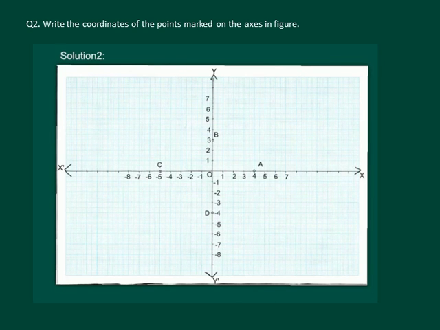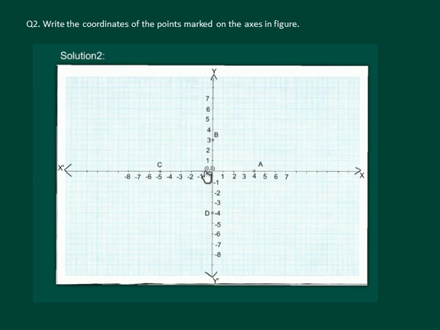Let us read the question. Write the coordinates of the points marked on the axis. That is, we have to find the coordinates of A, B, C and D. Firstly, we will understand that the coordinates of the origin are 0, 0 because it has 0 distance from both the axes.